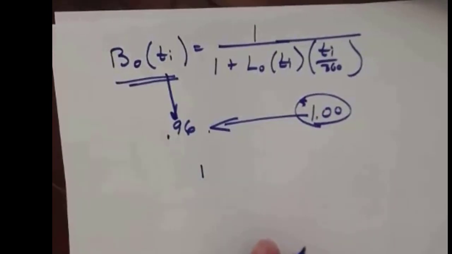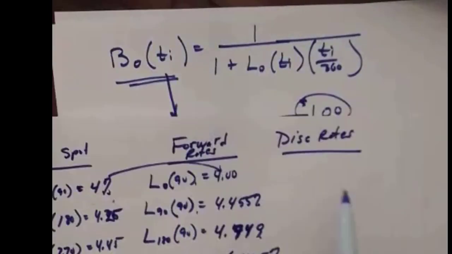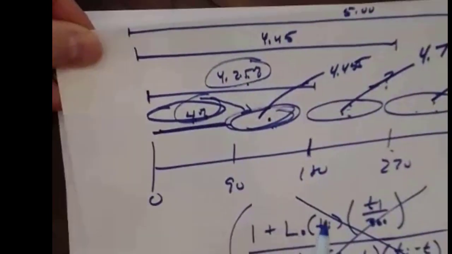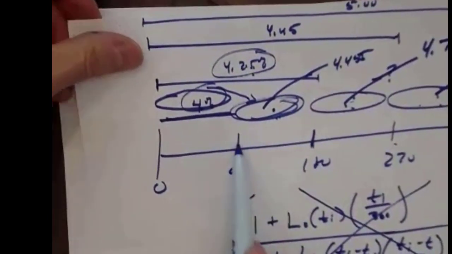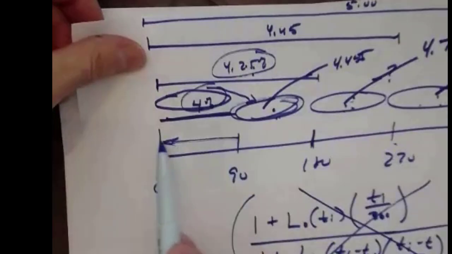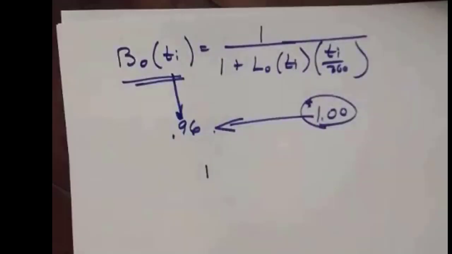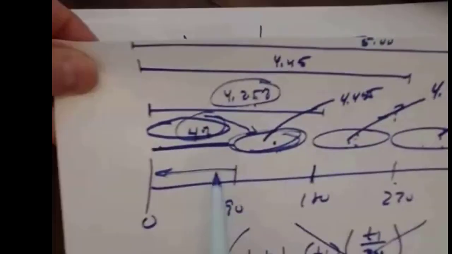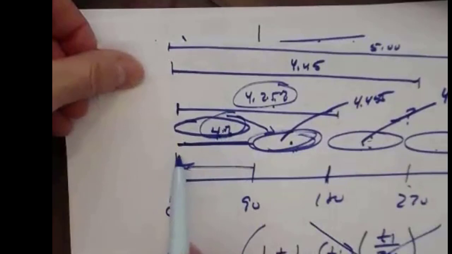So what I'm going to do is I want to calculate the first discount rate here. What is the discount rate here? And again, we're getting a cash flow at a 90-day period. How much do I discount that cash flow by for that 90-day period? So I'm going to take 1 divided by 1 plus 0.04, this 4% spot rate right here.